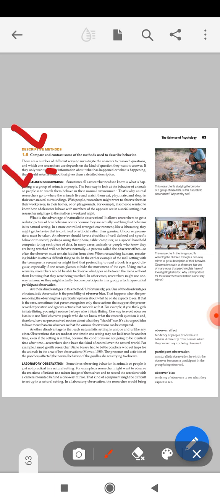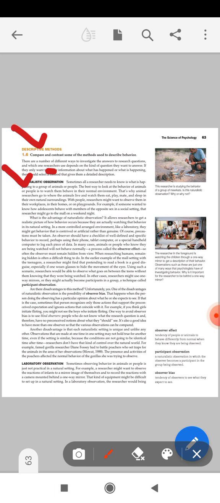First one is naturalistic observation. As per the name, we will observe our participants in a natural setting, such as the researcher may go to a mall, and then he may observe someone without letting the participant or the person being observed know that someone is observing him or her.